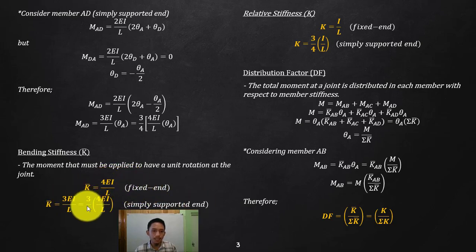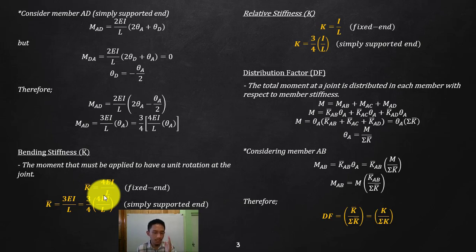That is just 3/4 of the fixed end, so the stiffness of a simply supported end is 75% or 3/4 of a fixed end, if they are identical in I and L. And of course, as I've said, E could just be constant, since seldom will you have different types of material connected at a single joint.